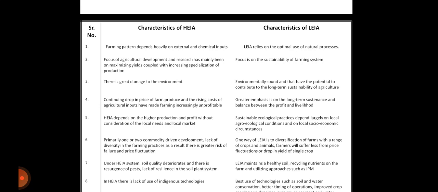Fifth point, HEIA depends on higher production and profit without consideration of local needs and local markets. But in LEIA, there is greater emphasis on long-term subsistence and balance between profit and livelihood.